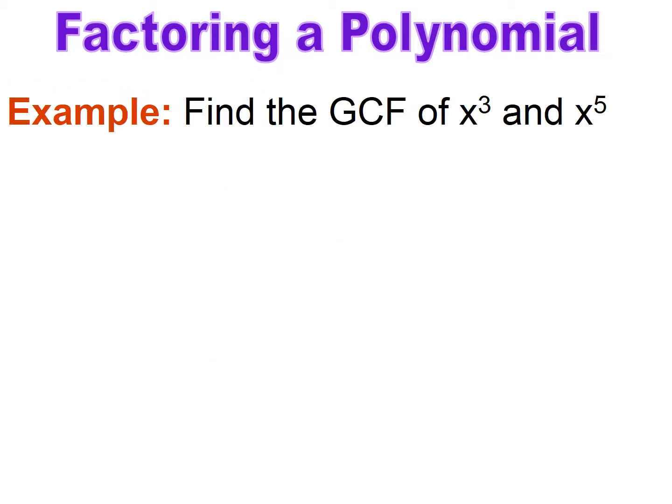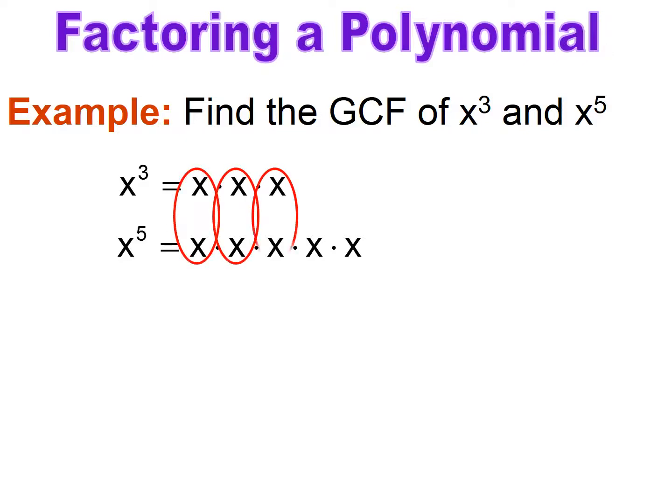So when we're talking about finding the GCF of variables, and we have an example here of x to the third and x to the fifth, well, we do know that x to the third is x times x times x, and x to the fifth is x times x times x times x times x. And the greatest common factor is the greatest factor that divides evenly into both.